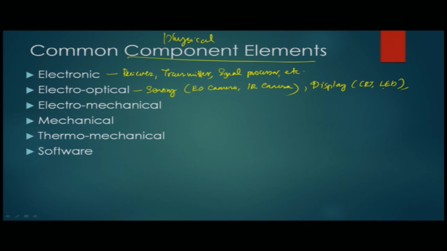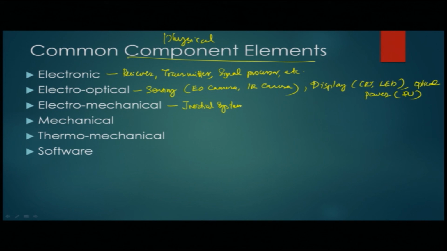Then we also have what we call optical power. One example of this would be photovoltaic, PV, solar cells. They are all part of the electro-optical systems. Then we also have the electromechanical systems. Some of the electromechanical systems involve inertial systems.